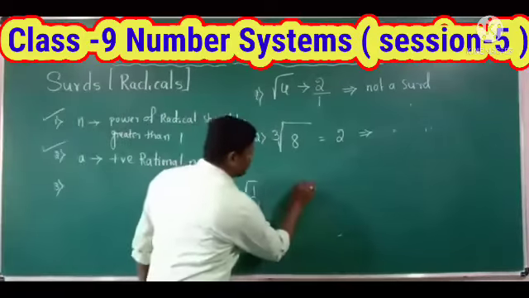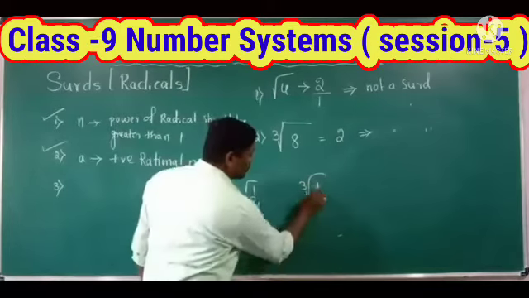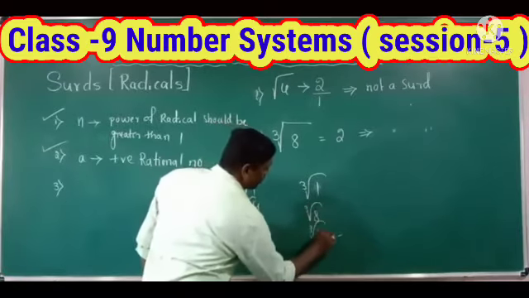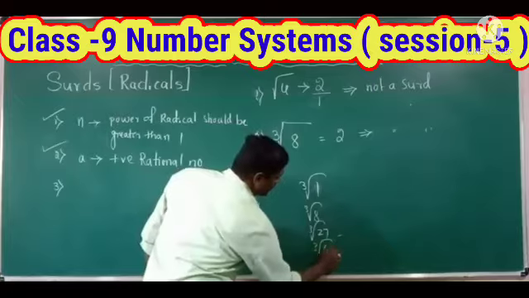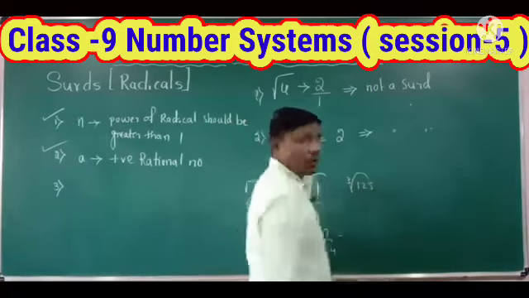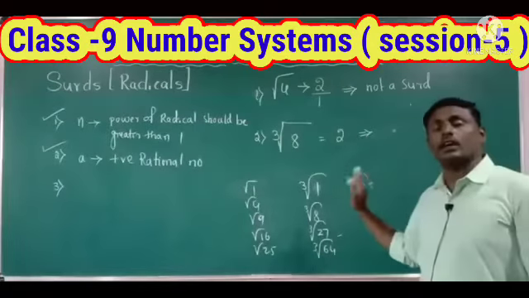Next, all the perfect cube roots, cube root of 1, cube root of 8, cube root of 27, cube root of 64, cube root of 125. So all these are not considered radicals or surds.